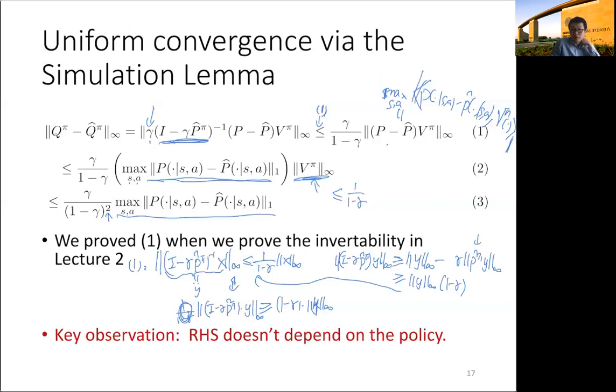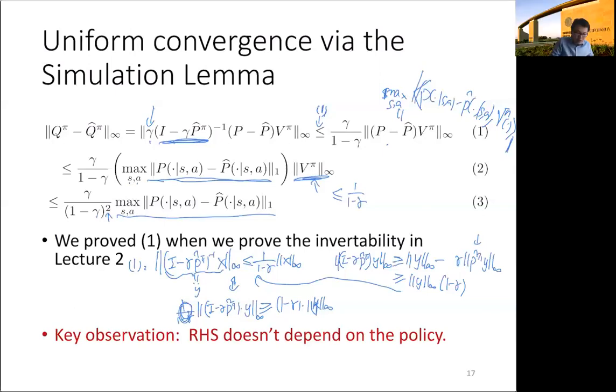Because any norm is linear to scalar multiplication, so we extract it out, and we were just proving a more general lemma of the operator norm of this matrix inverse. Oh, okay. Thank you. Yeah.